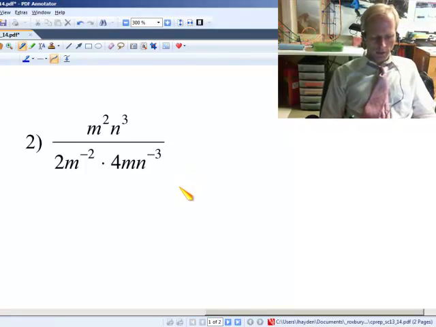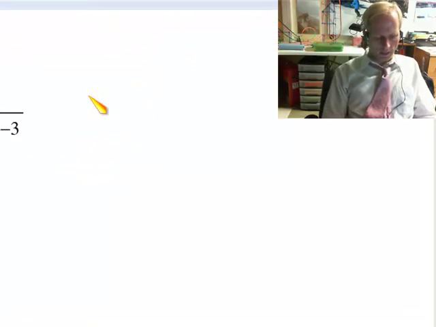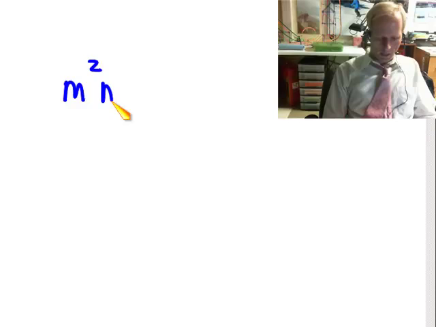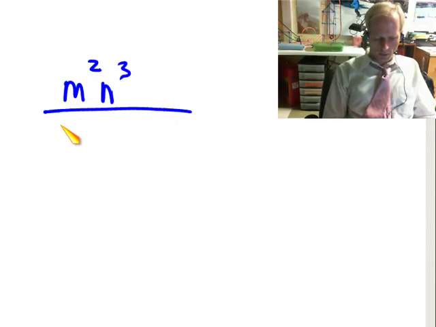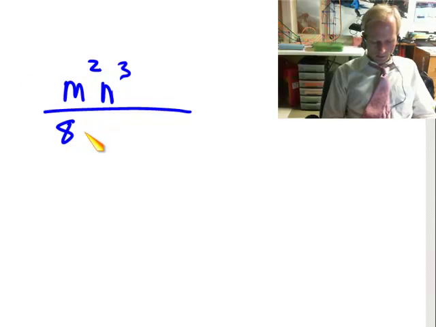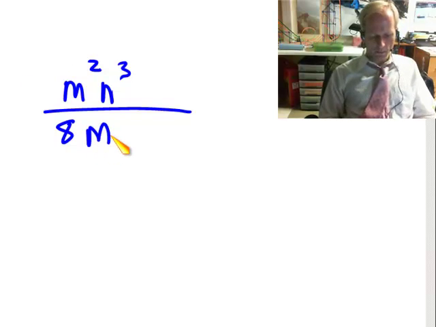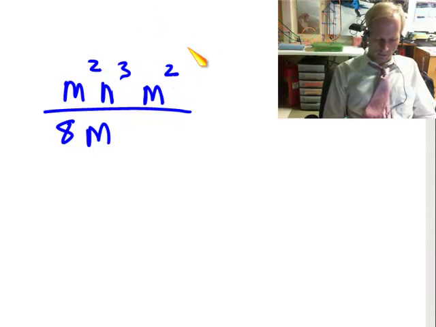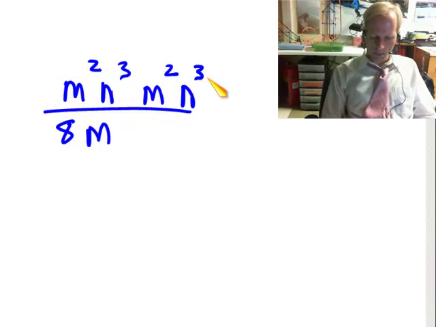Alright, in the next expression I have a negative exponent in the denominator for m and n, so I'm going to start by moving those up to the numerator and making them positive. That's going to leave me with 1m down below, and 2 times 4 is 8. So I'm going to have another m^2, another n^3 up above.